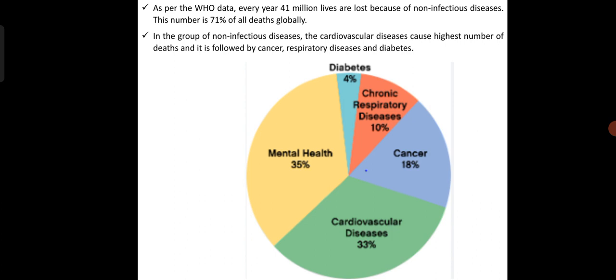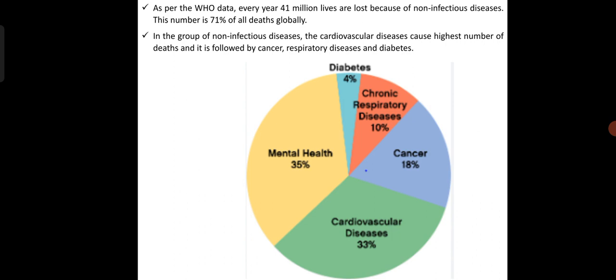In the pie diagram here I show that 33% of deaths are because of cardiovascular diseases. After that, it is followed by cancer, about 18% of people die because of cancer. After this, respiratory diseases and diabetes.